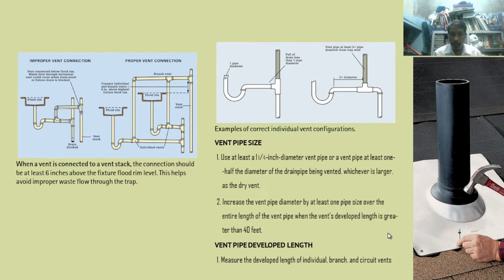And then increase the vent pipe diameter by at least 1 pipe size over the entire length of the vent pipe when the vent's development length is greater than 40 feet. So if the development length is over 40 feet, increase the vent pipe diameter by the next higher size.